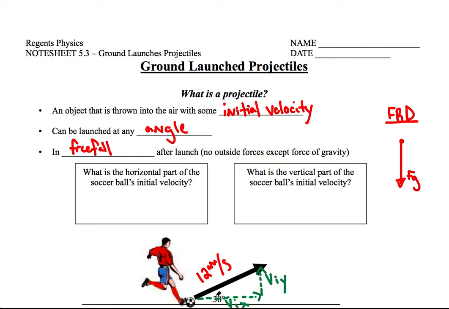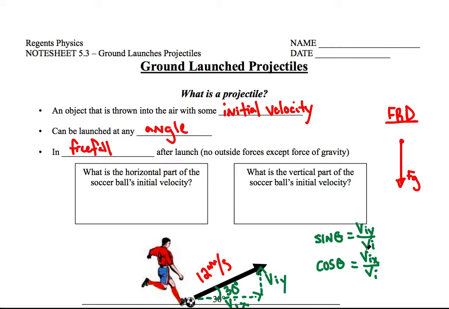So notice that my 30 degrees is right here, and the viy is opposite of the 30 degrees, so that would set up my sine. So sine of my angle is my initial velocity in the y over my initial velocity, my hypotenuse. And then the Vix is the adjacent side to the 30, and I know the hypotenuse, so that's going to be a cosine. So cosine of theta equals Vix over Vi.